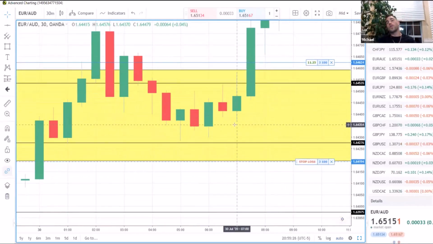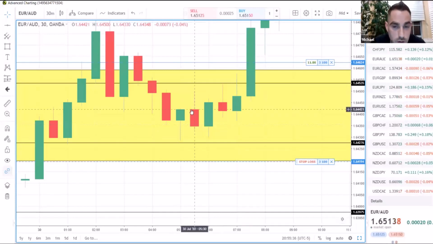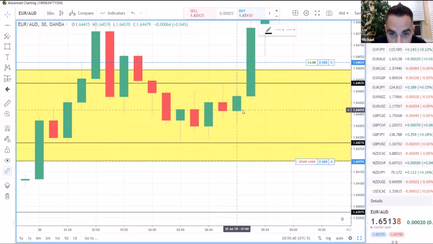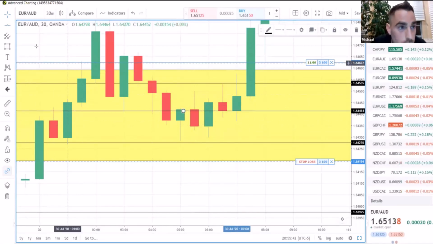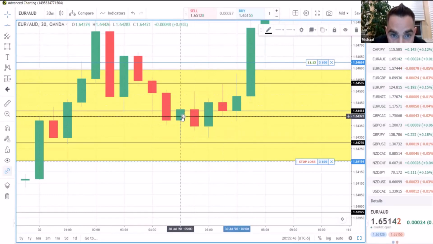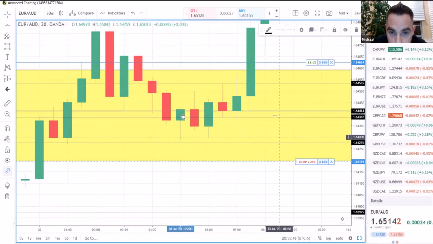So in order for it to be a fresh, authentic piece of white space, there has to be an odd count of the portion of wick. I know this might sound a little bit crazy right now, but like I said, once it all makes sense, you guys will never want to trade another way. So I'm going to break this down for you right now in the portions of the white space.